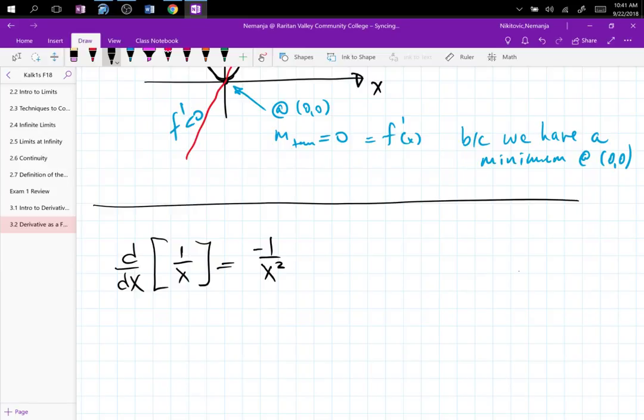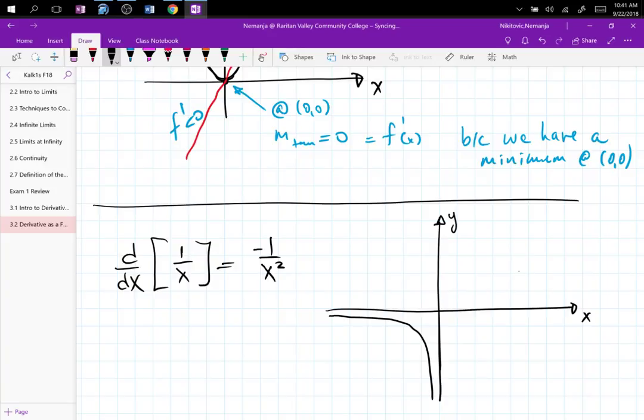So now I'm going to graph this. x, y, and again black is going to be my original function, which is 1 over x. That's f of x. And red is going to be the derivative. That's f prime of x.